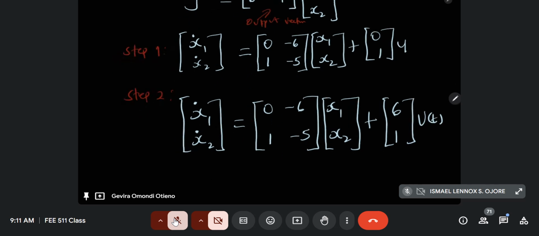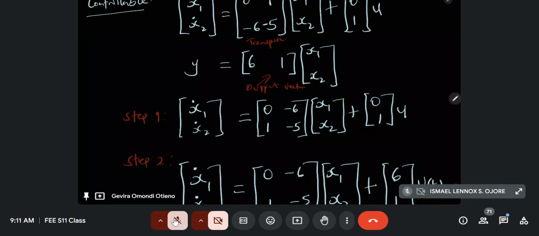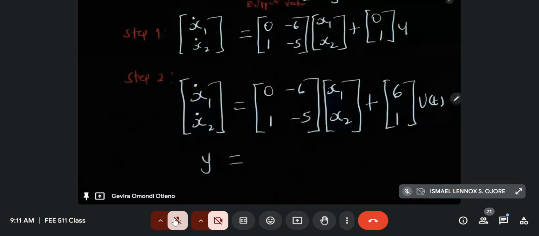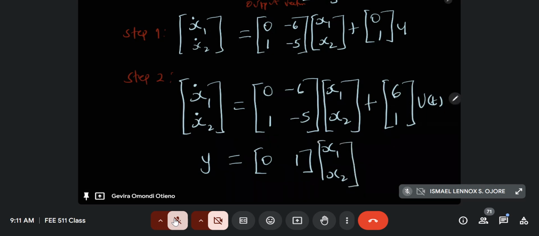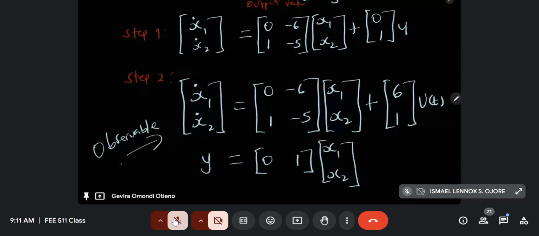And then the output y should be equal to, now the output is not 6 1. We take the input matrix 0 1, 0 1, and we put it there as the coefficients of the state vector, like that. So this becomes the observable canonical form.